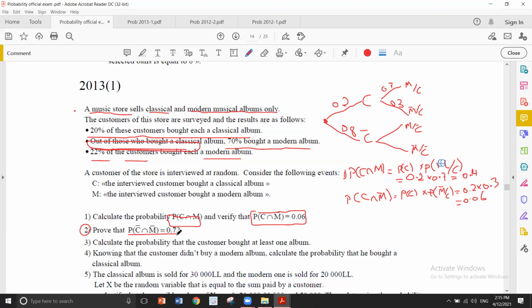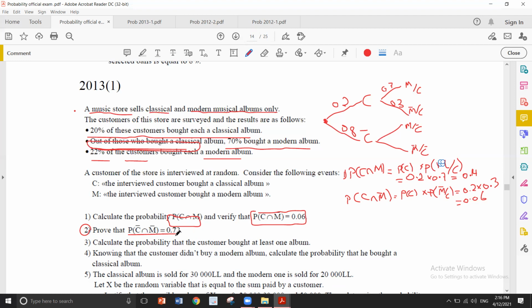How do we calculate the probability of C bar intersection M bar? Who can tell how? P of C bar times P of M bar given C bar. What is M bar over C bar?